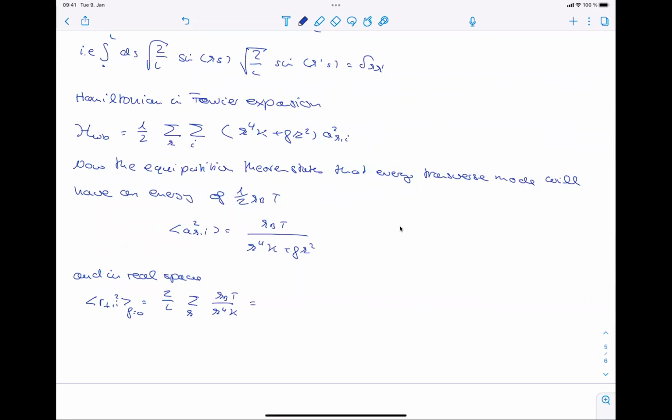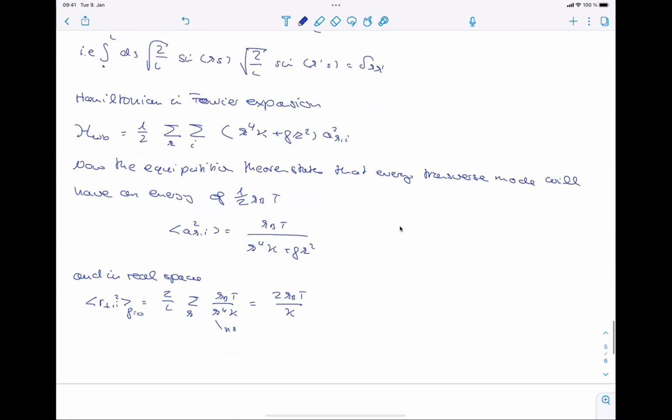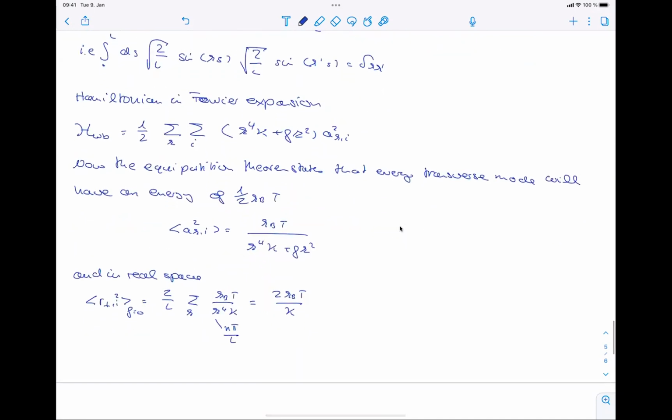Let me rearrange terms to realize that what we have here is 2 kBT over kappa. Noting that these k's due to the boundary conditions are n pi over L to the power 4, obviously, we can have an L cancel, so then this becomes a sum over the n's. There's an L to the 3 left, and we have here n to the 4 and pi to the 4.